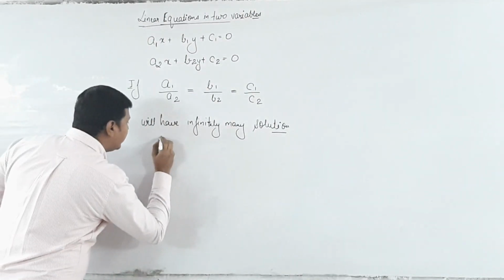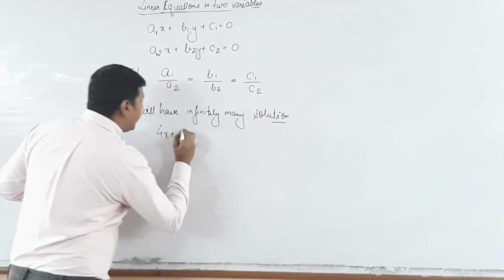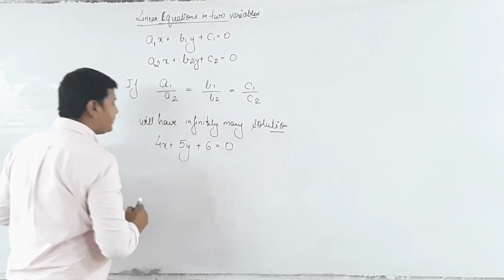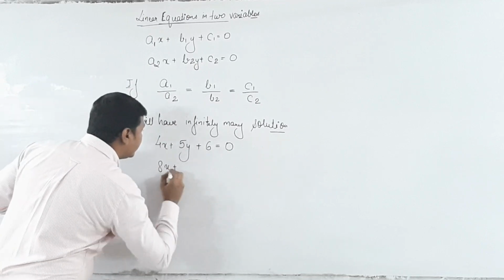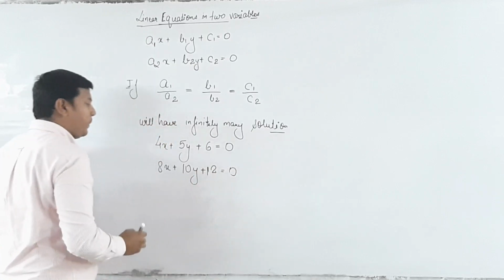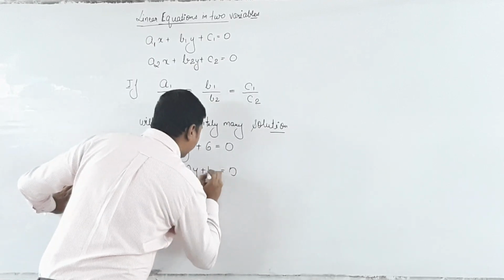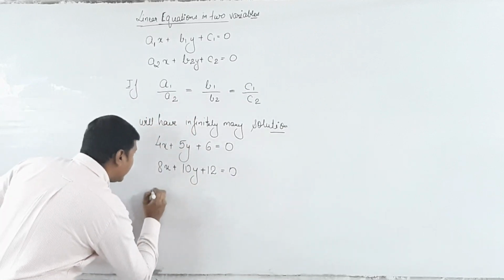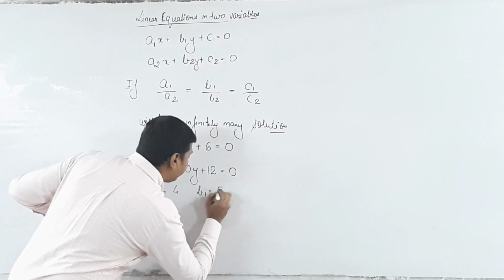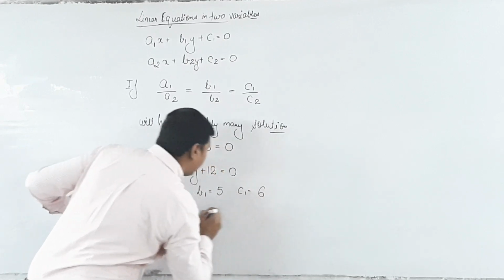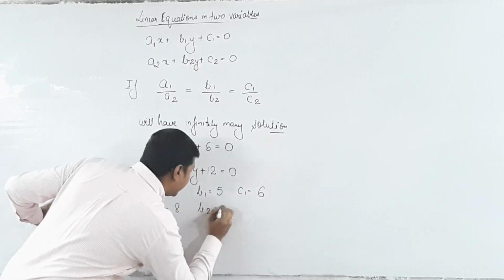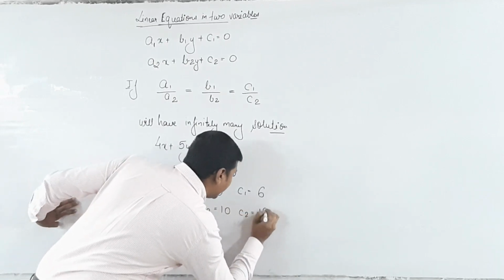If I write 4x plus 5y plus 6 is equal to 0, and 8x plus 10y plus 12 is equal to 0. So, a1 is 4, b1 is 5 and c1 is 6, a2 is 8, b2 is 10 and c2 is 12.